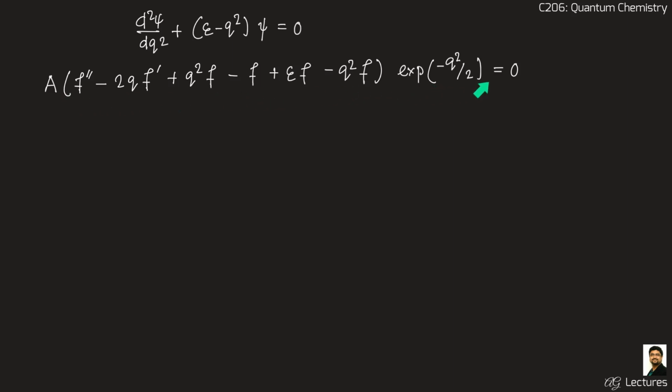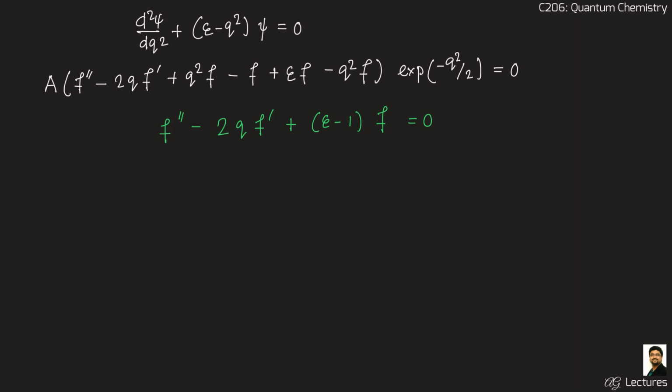That simply leads to the fact that the expression within this bracket is 0, and that is the next step. If we rewrite the terms within the bracket, we get the equation involving f as f double prime minus 2q f prime plus epsilon minus 1 times f is equal to 0.